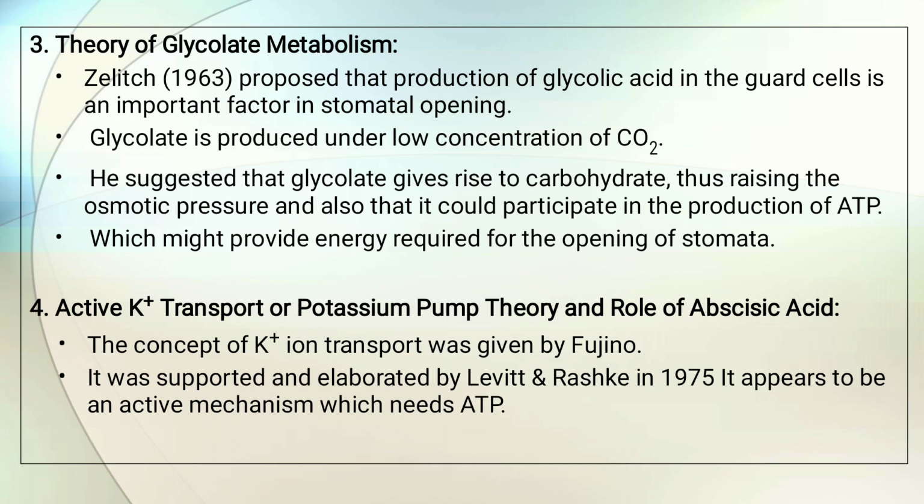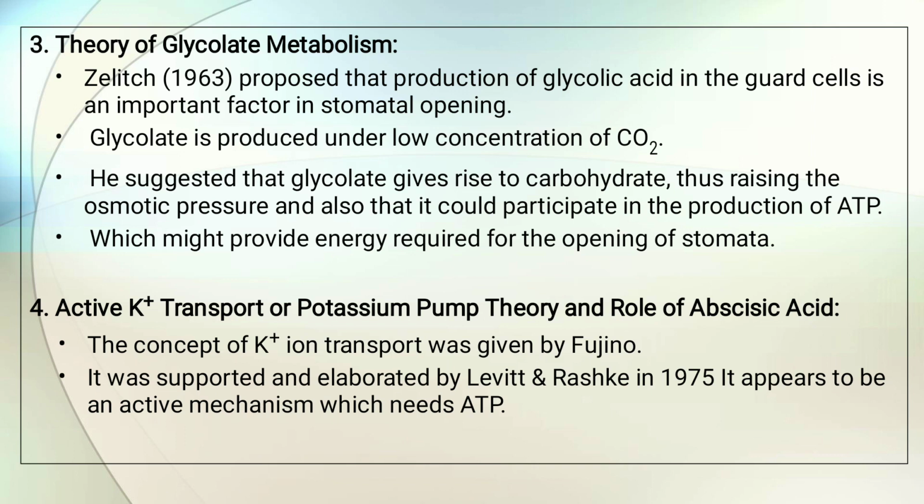He suggested that glycolate gives rise to carbohydrates, thus raising the osmotic pressure, and also that it could participate in the production of ATP, which might provide the energy required for the opening of the stomata. The process may be summarized as NADP plus ADP plus Pi plus H2O gives NADPH plus H plus ATP plus half O2.